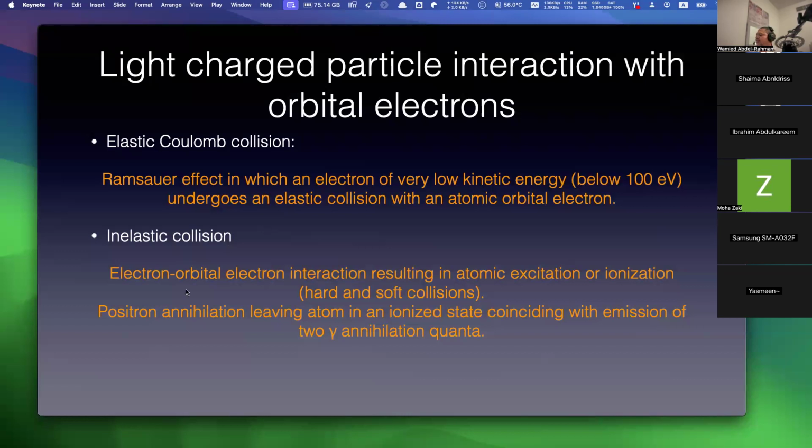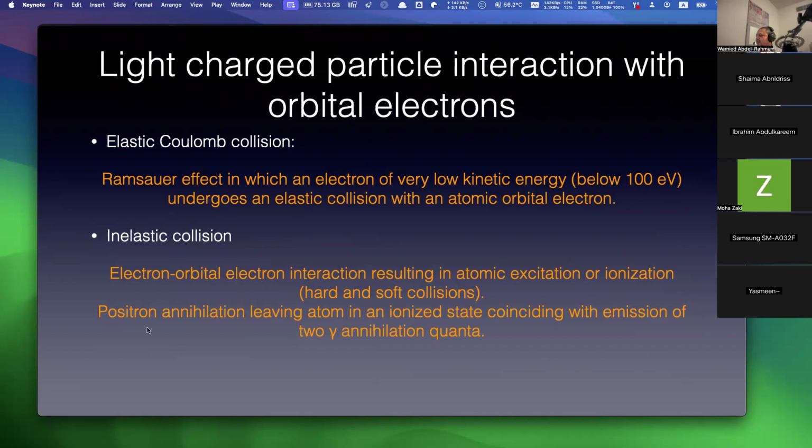We can also have a positron interacting. In addition to interaction with orbital electrons, it can undergo annihilation with an orbital electron, leaving the atom in an ionized state, coinciding with emission of two annihilation quanta.